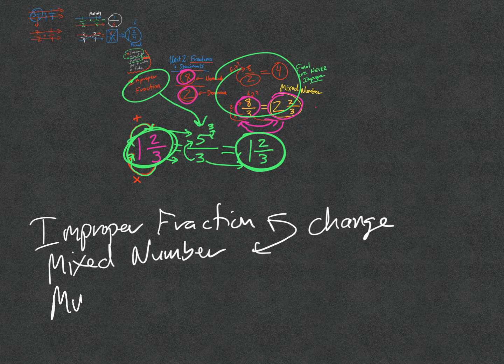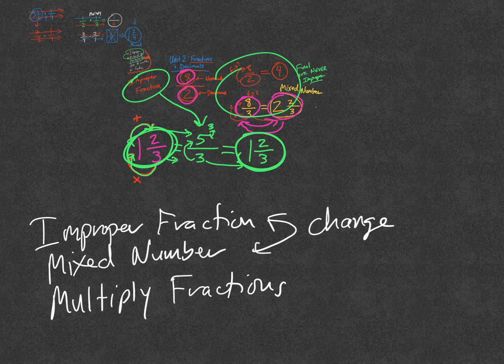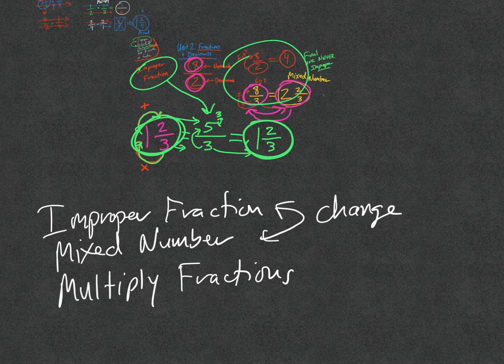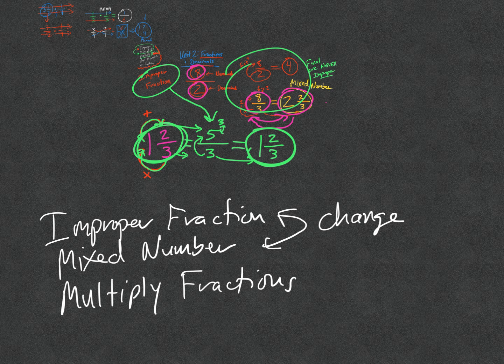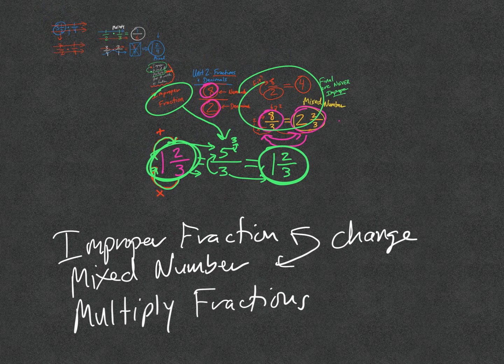And then we learned how to multiply fractions. Okay, I guess that's it. Yeah, that was a lot of information, but hopefully this is a video you can come back to. All right, we're just going to make this section 2.1, which is multiplying fractions.